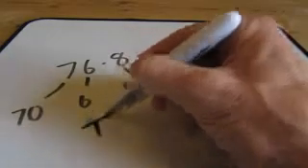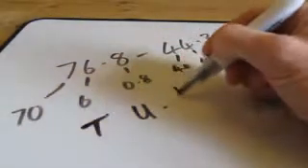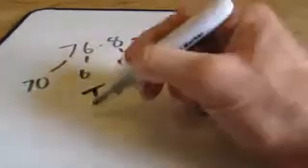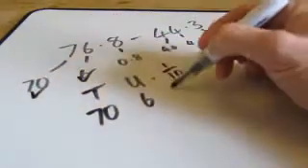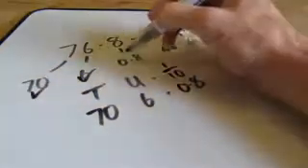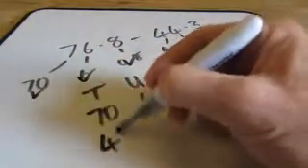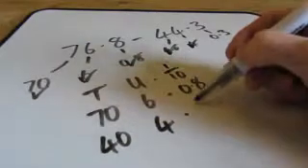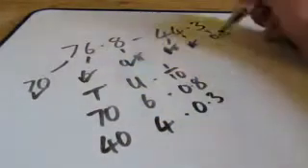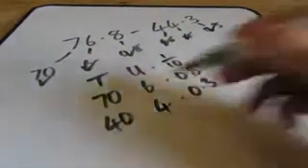We have our tens, units, and our tenths column. We then have our 70, 6, and a 0.8 for our 8 tenths. We've got a 40, we've got a 4. Notice I'm still ticking, so I know exactly what I've put into my grid, and a 0.3.